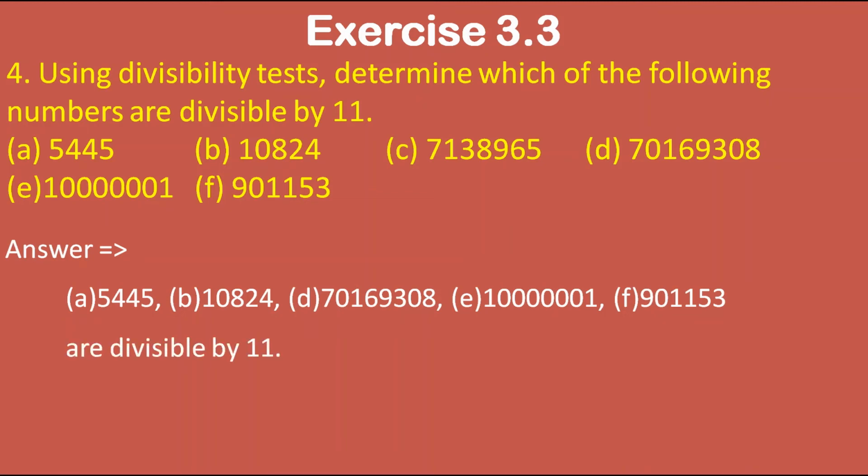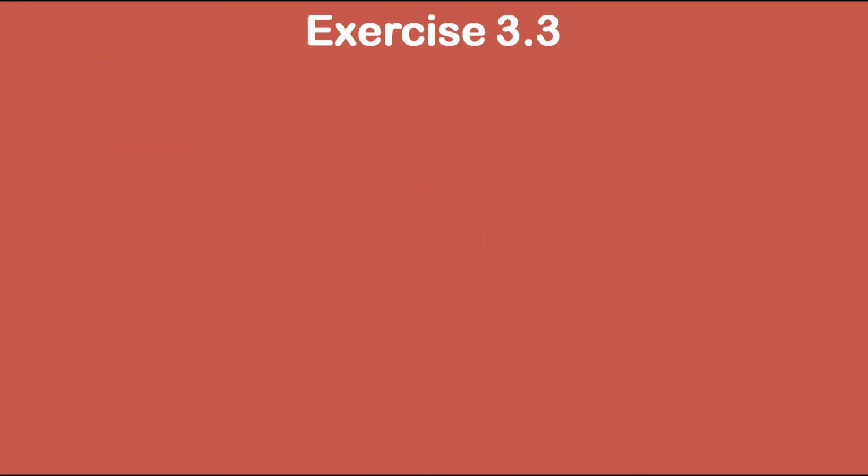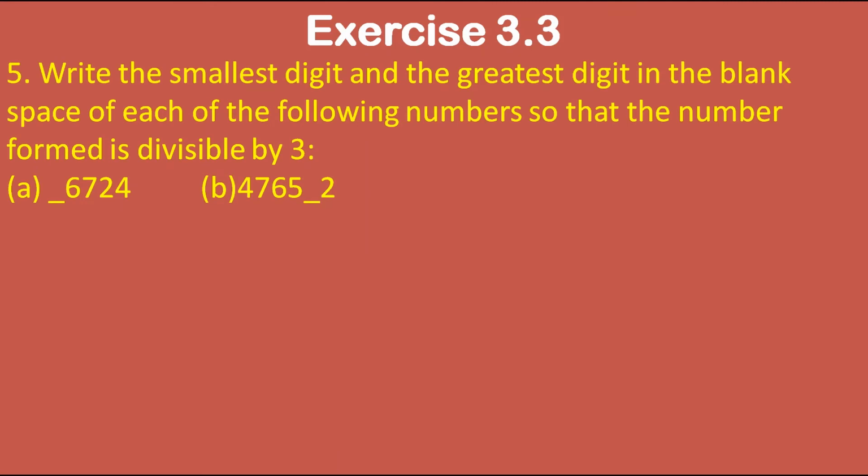Okay, so now let's move to the fifth question, and that is: write the smallest digit and the greatest digit in the blank space of each of the following numbers so that the number formed is divisible by 3.